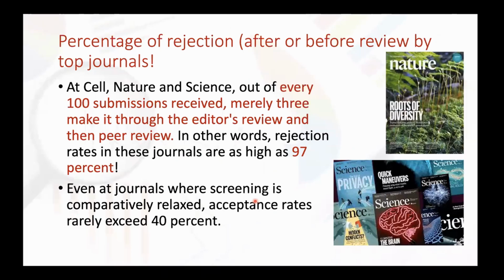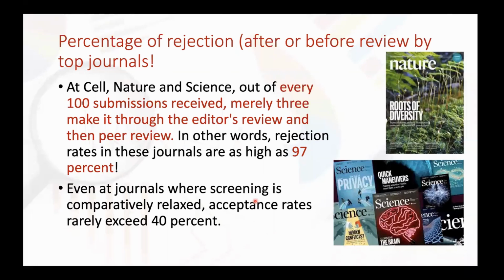Now, this is an interesting statistic. You look at some of the world's topmost journals like Cell, Nature, and Science. What is the percentage of rejection in these journals? At Cell, Nature, and Science, out of every 100 submissions received, merely 3 make it through the editor's review and then peer review.